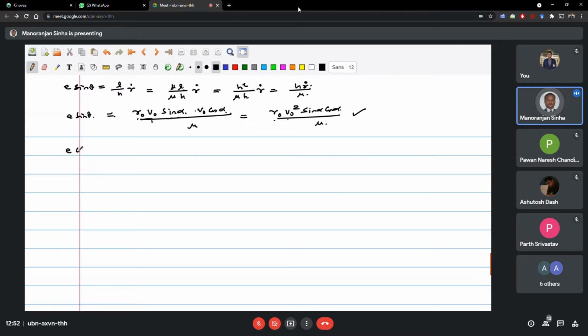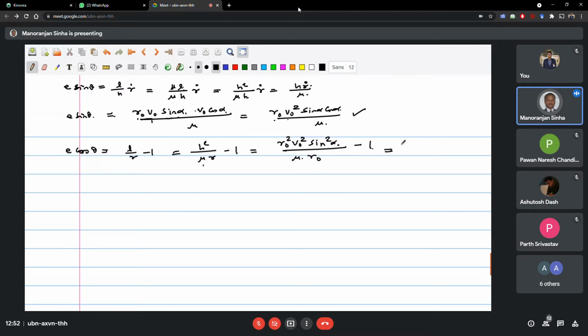Similarly, the E cos theta, which we have written as L by R minus 1, can be rewritten with L equal to H square divided by mu, over R, minus 1. H square then becomes R0 square V0 square sin square alpha, divided by mu and R0, minus 1.